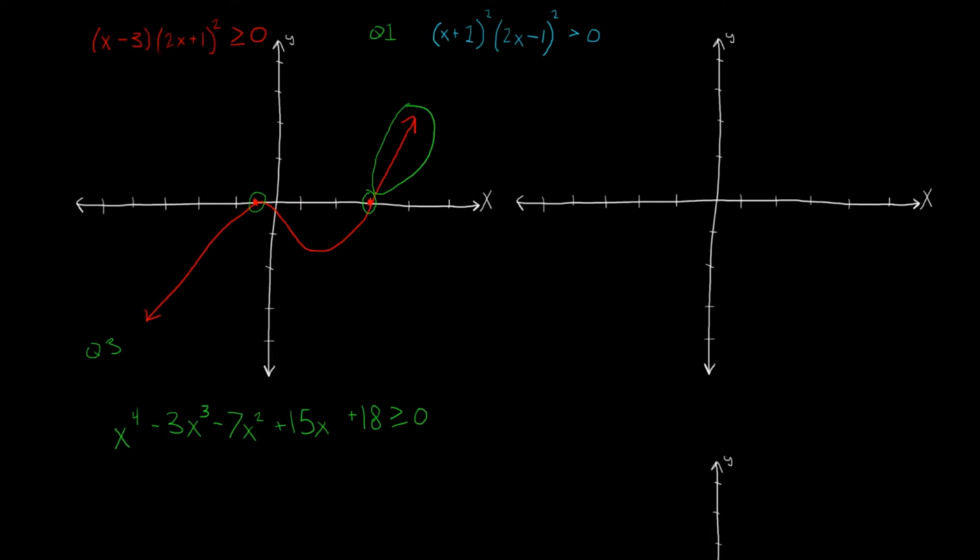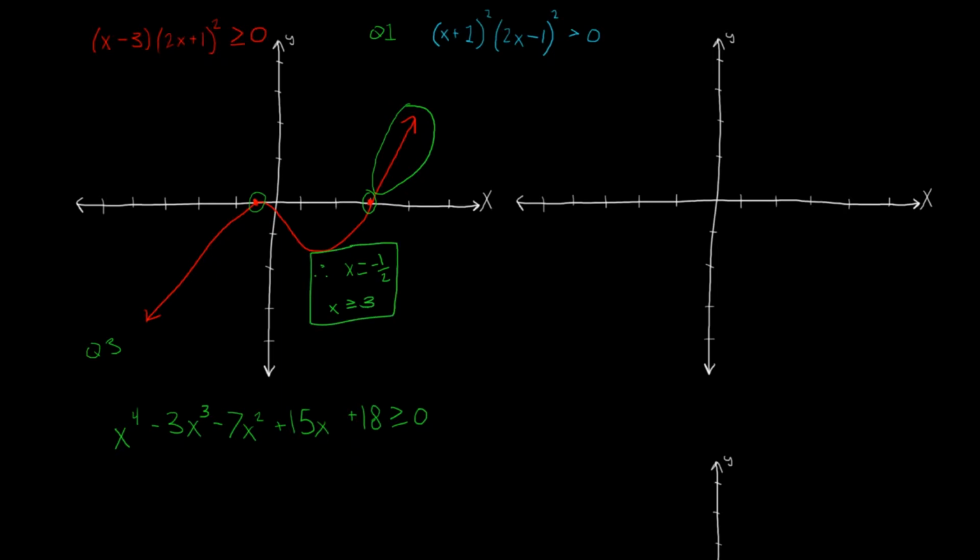Therefore, to satisfy this polynomial inequality, x must be equal to negative half, because it's equal to 0 there, and then it's equal to 0 at 3 and also greater than 0 past that point. So you can write that as x equal to negative half, or x greater than or equal to 3.